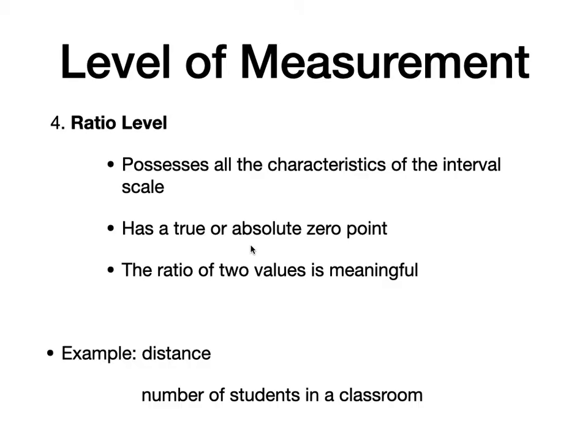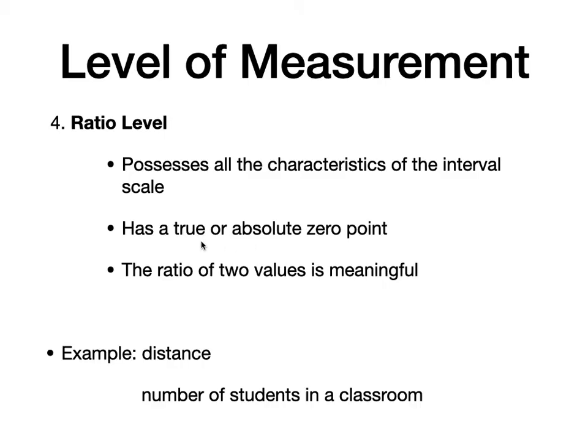So this is the main difference, or how we distinguish a variable which is in the interval level or in the ratio level. It has something to do with having a true or absolute 0 point and with no absolute 0 point.